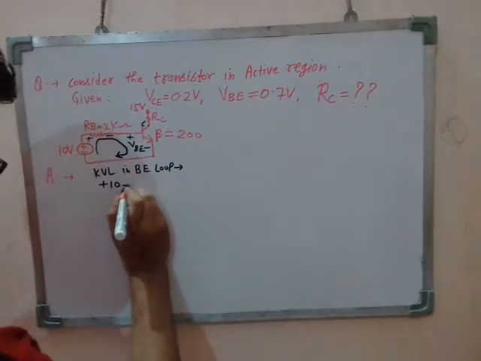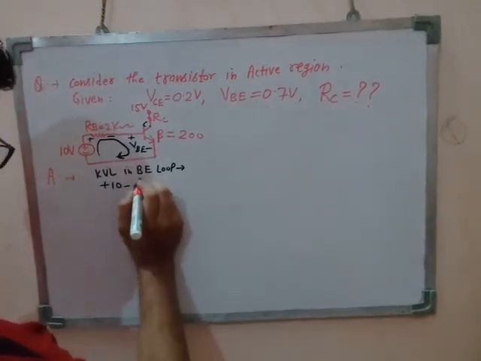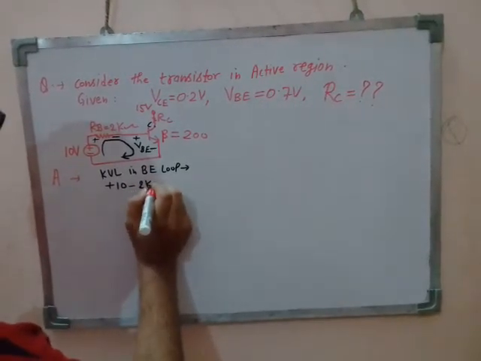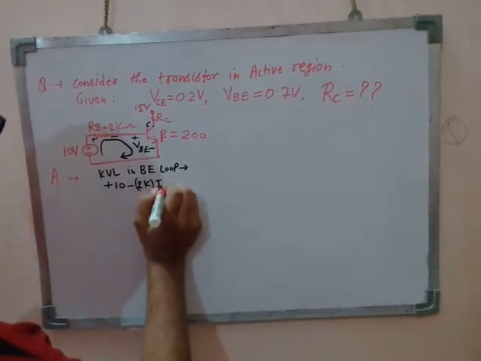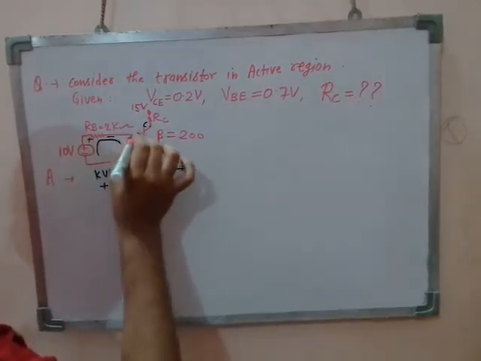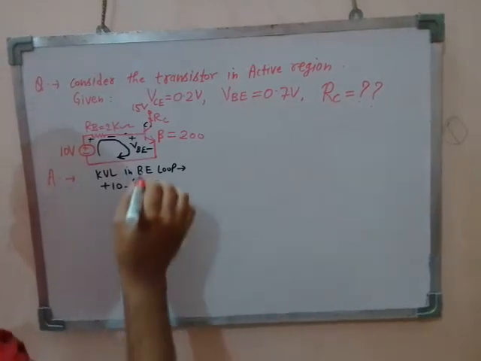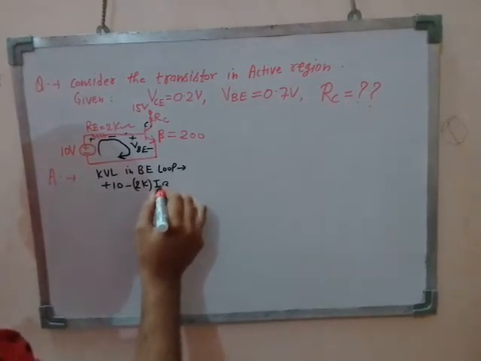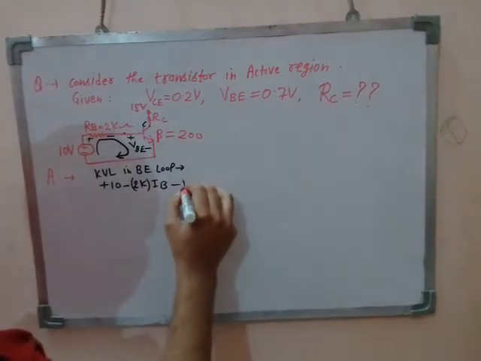So how to write it? Minus the base resistance RB, which is 2 kilo ohm, multiplied by the base current IB. In this branch the base current is flowing because this is the base terminal. So minus 2k ohm into IB, then plus to minus VBE.